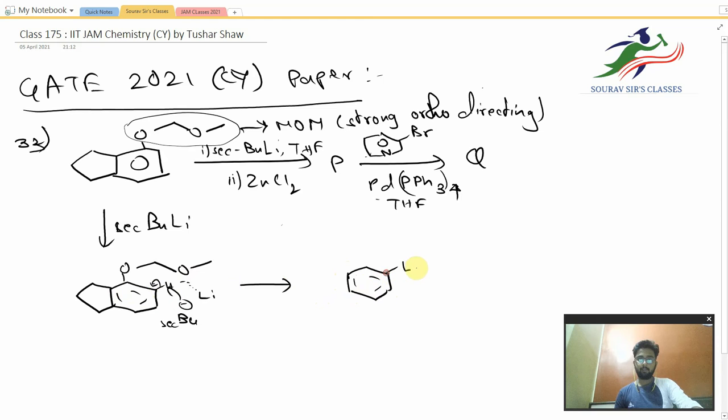So we have a lithium over here, we have the MOM group as it is, and then we have the other aromatic ring. Now the ZnCl2 in the next step would be attacking over here, forming a zinc organometallic compound, leaving LiCl as one of the byproducts.